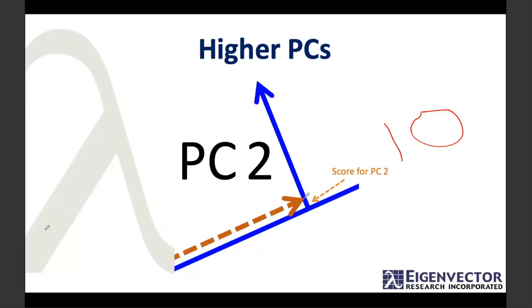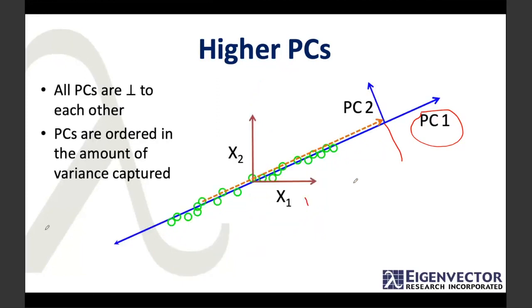So this distance here, that is the score for PC2. Now, if you go back to this picture, it should be pretty clear to see that numerically my scores for PC1 are going to be larger than what I see for PC2. And that ties in directly with this point here, with the principal components being ordered in terms of the amount of variance explained.